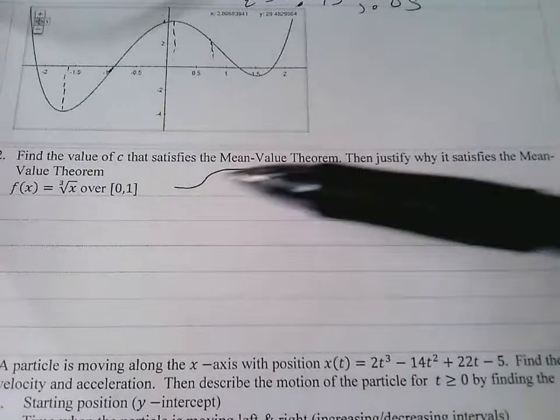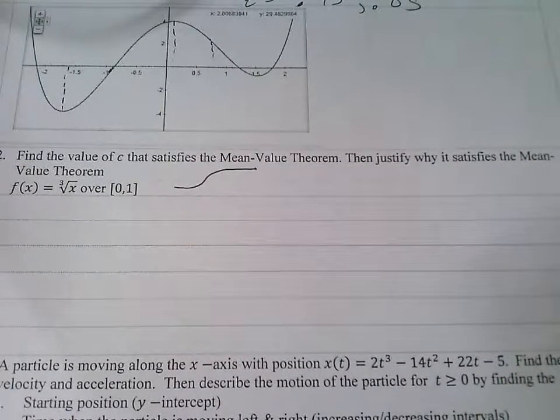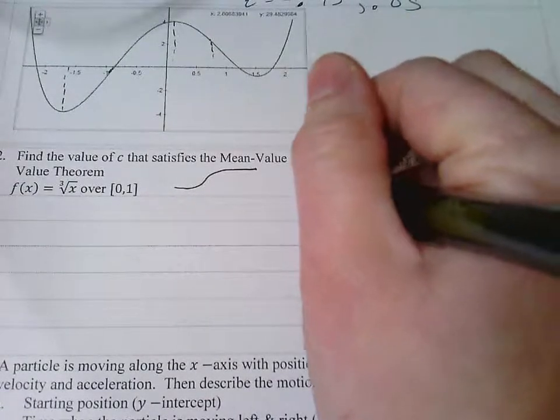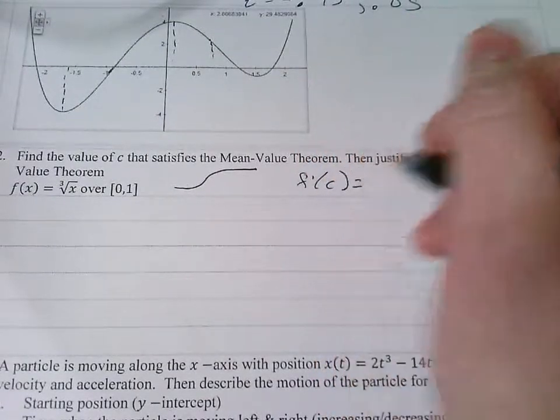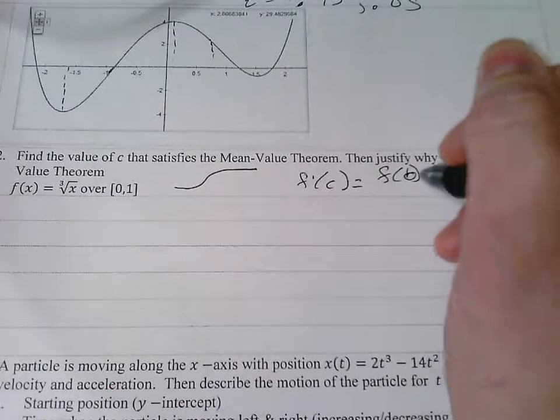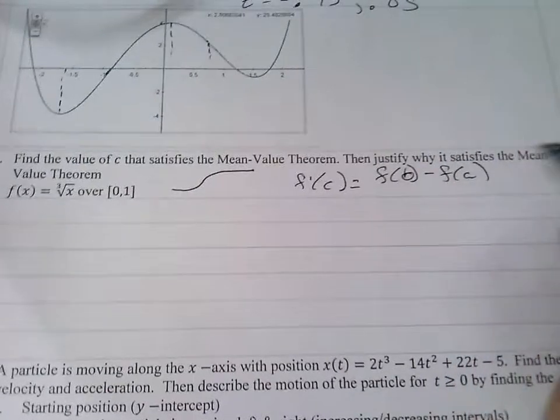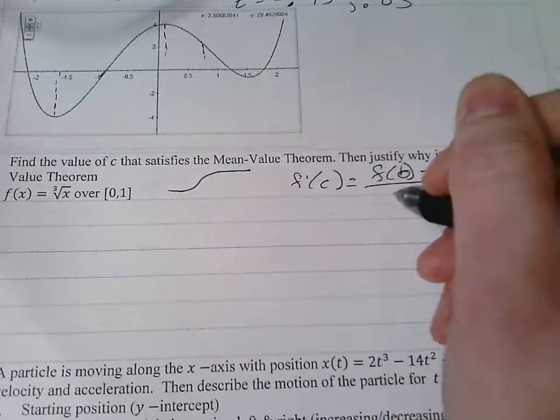Now we're going to find a point c where this happens. This is when f prime of c equals f of b minus f of a over b minus a.